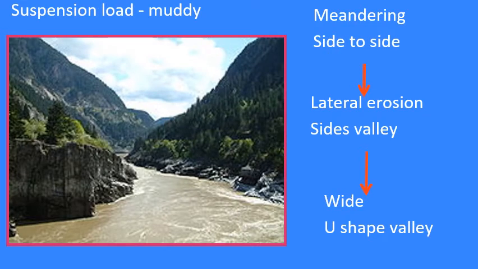Now, have a look at that photograph. I don't know if you can see that the colour of that river water is much browner. It's more muddy. And the reason for this is that the river load in the middle stage is made essentially of the suspension load. And if you remember, the suspension load is the smaller particles like sand that the river carries along.